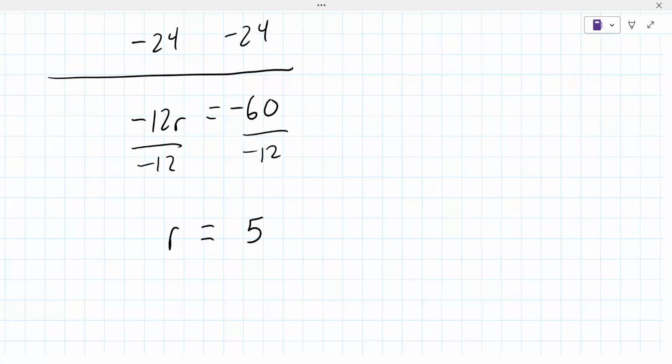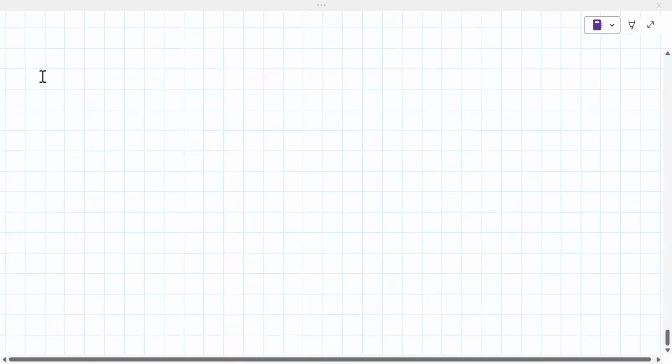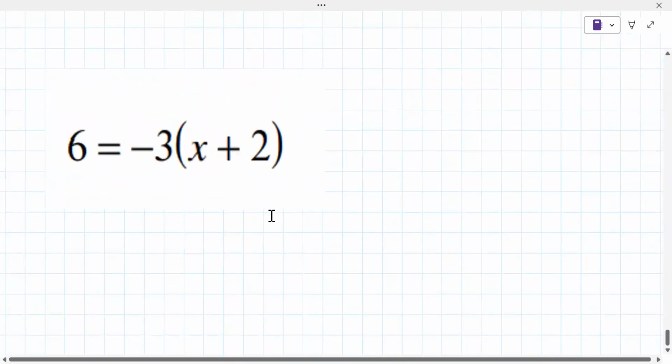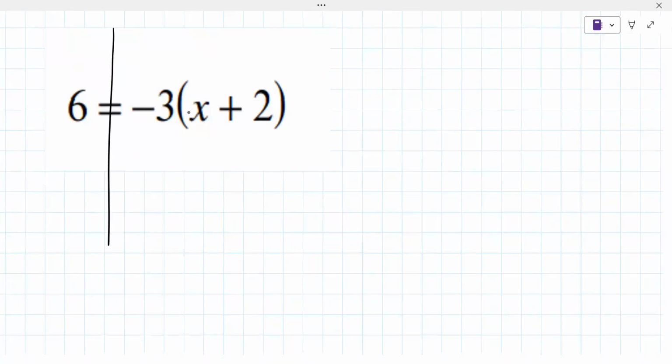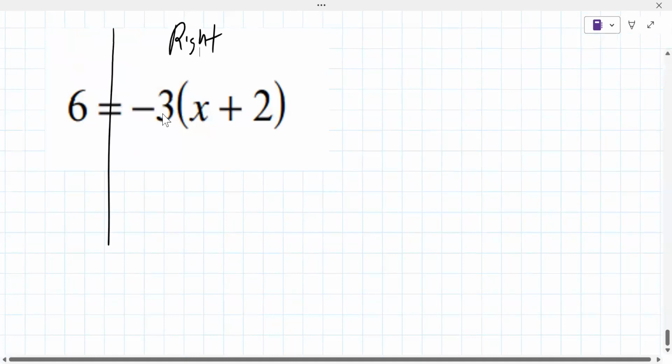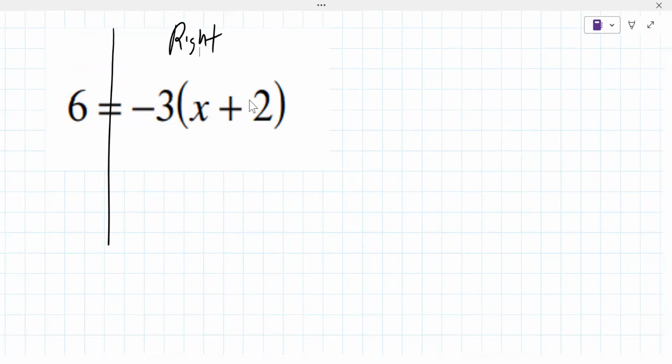Okay, so let's look at another one here. All right, so I want you to look at just the right side here, just the right side. And I want you to distribute that -3 to what's inside parentheses. So that would become a -3x.